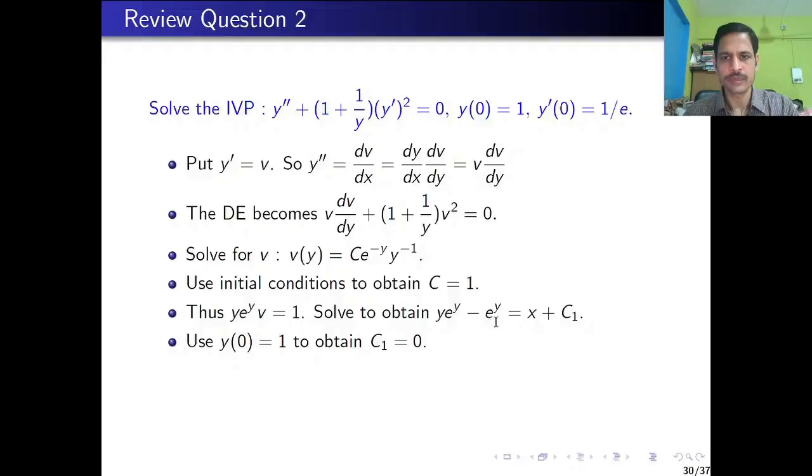So e minus e is 0, and this is 0, so c1 is 0. On substituting c1 equal to 0 in this equation, we get bracket y minus 1 bracket close e raised to y is equal to x as a solution of this initial value problem.